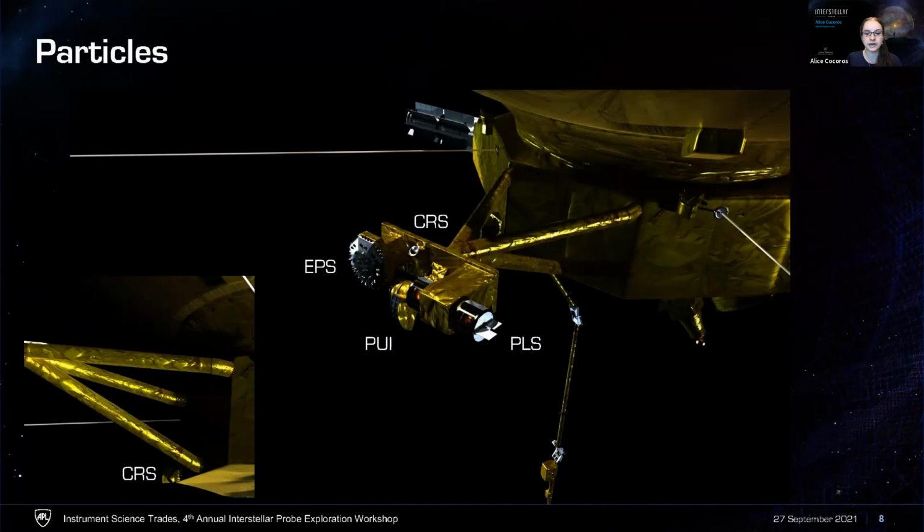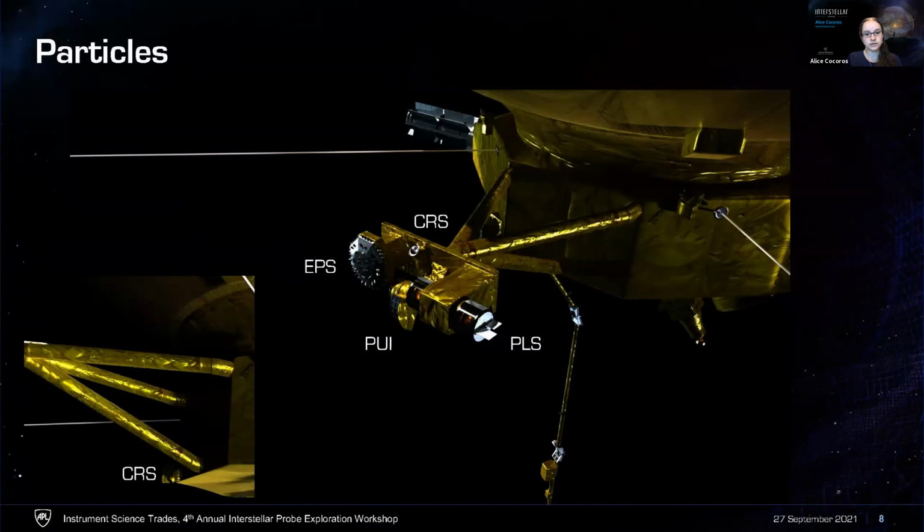Then detecting energetic ions, electrons, and inner source pickup ions, you have the PUI instrument here in the middle, in the range of roughly 10 to 1,000s of keV. And you also have your energetic particle system here on the left, which would be in a similar range.